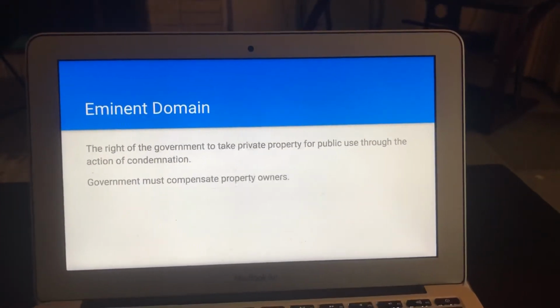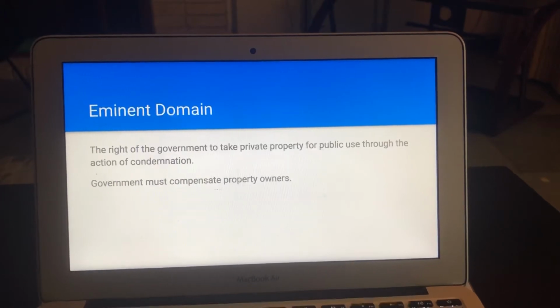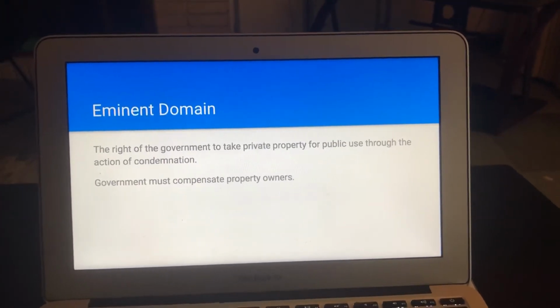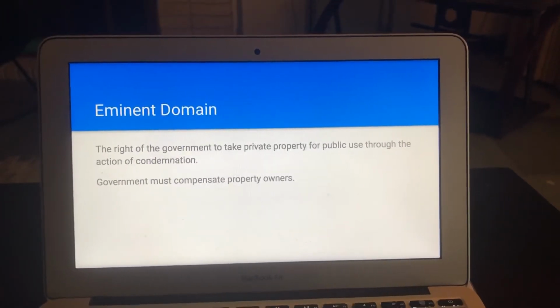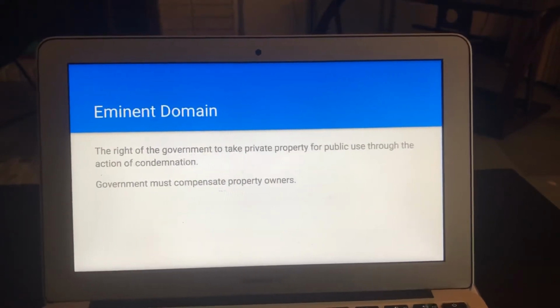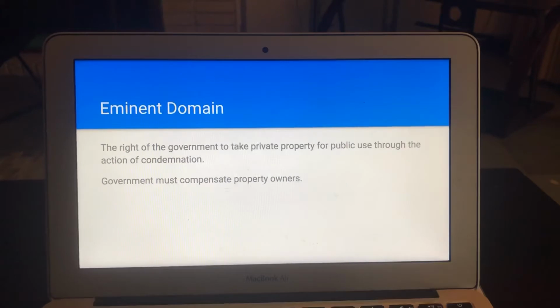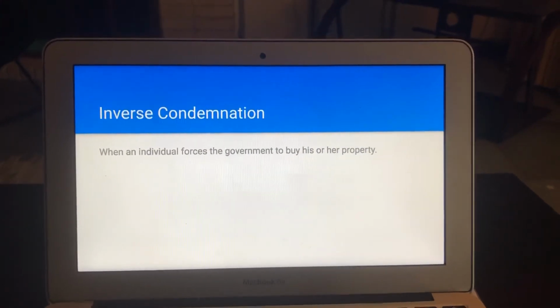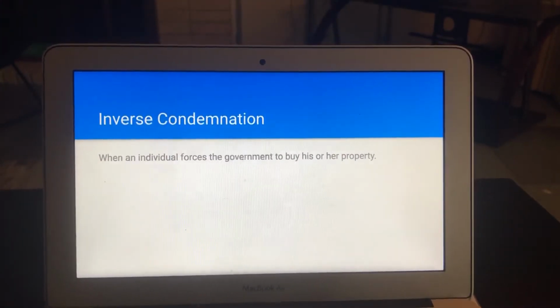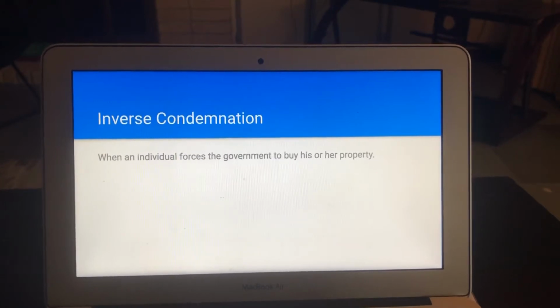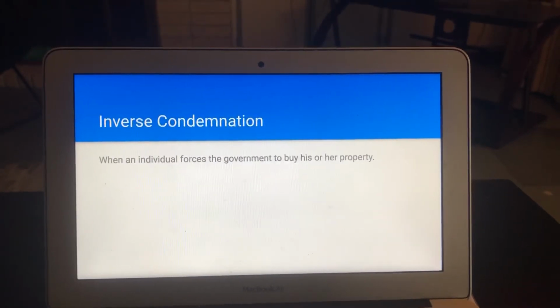Eminent domain is the right of the government to take private property for public use through the action of condemnation. Government must compensate property owners when using eminent domain. Inverse condemnation is when an individual forces the government to buy his or her property.